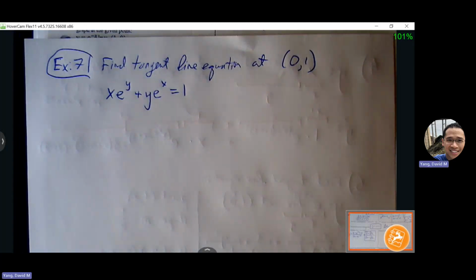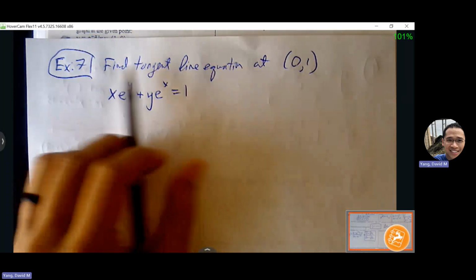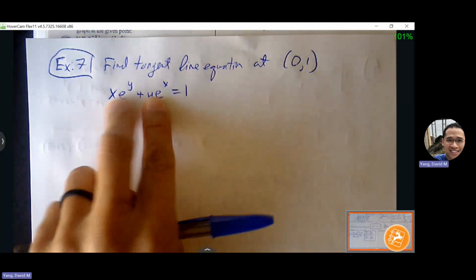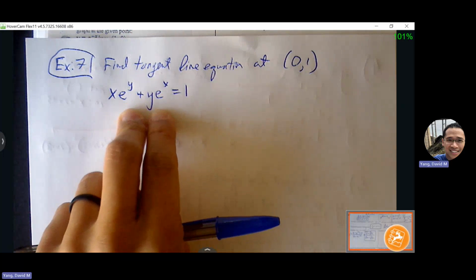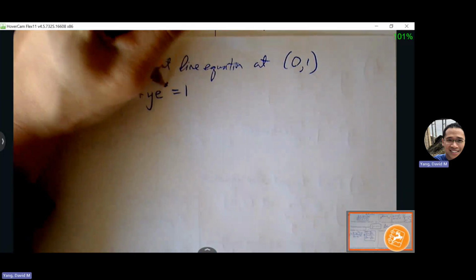Okay, so again, what do you notice is involved in the derivative process? A y. Yeah, implicit, and how many times though? Twice. Yeah, we have to do the product rule twice.